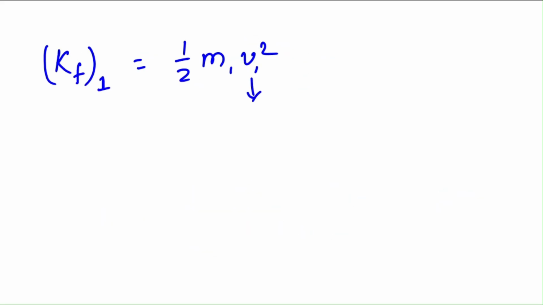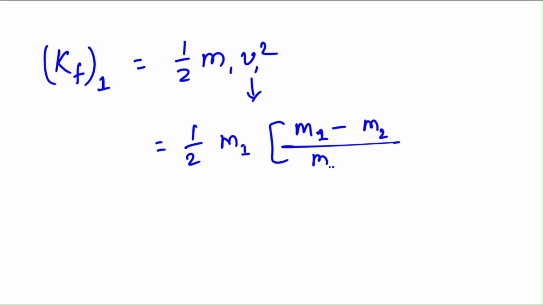So I can write 1 by 2 m1, and then m1 minus m2 divided by m1 plus m2, and then u1 and the square of whole thing. So I can write square here. Okay, up to here, all good.